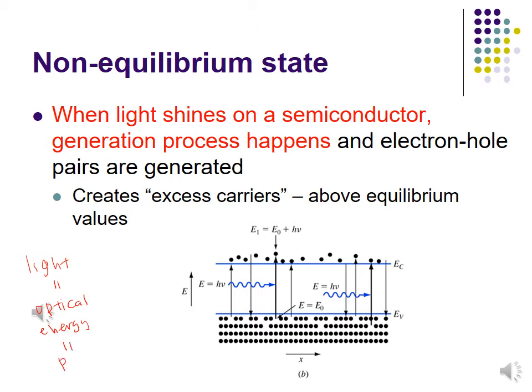When light is shined on a semiconductor, if the photon energy is larger than the band gap of the semiconductor, the electron will have enough energy to jump from valence band to conduction band, which means the generation process can happen and results in the creation of an electron and hole pair. The electrons and holes generated due to the photon are called excess carriers.